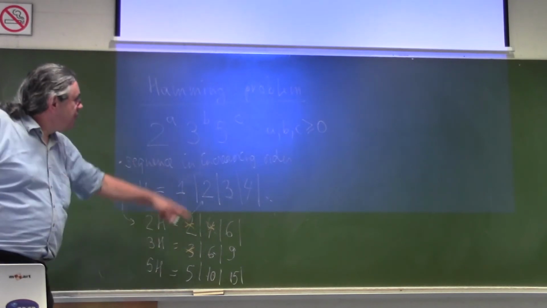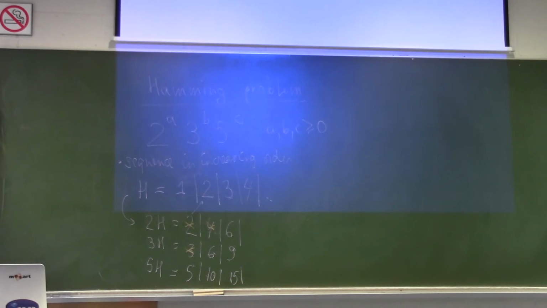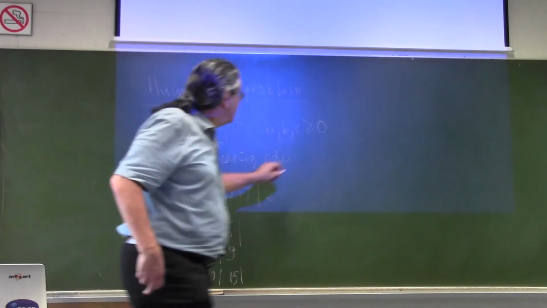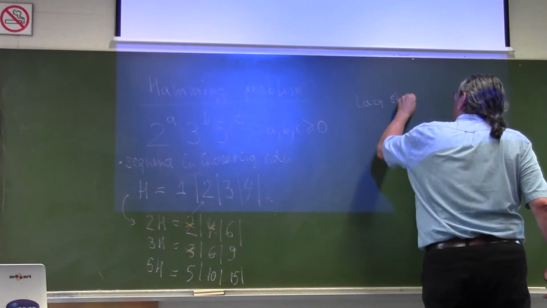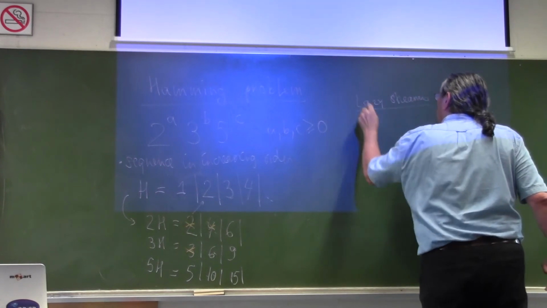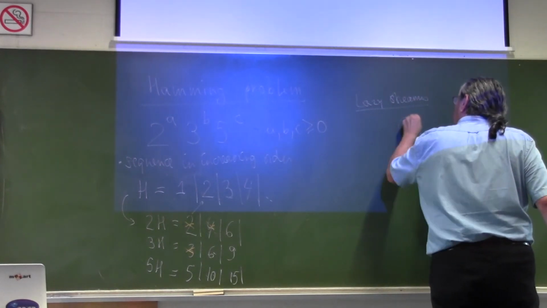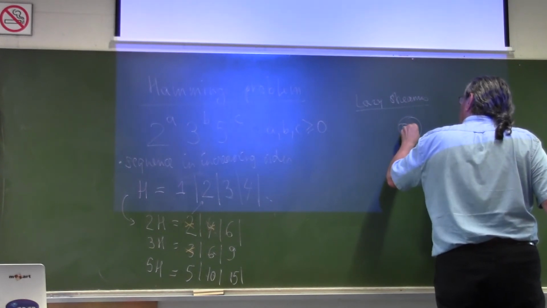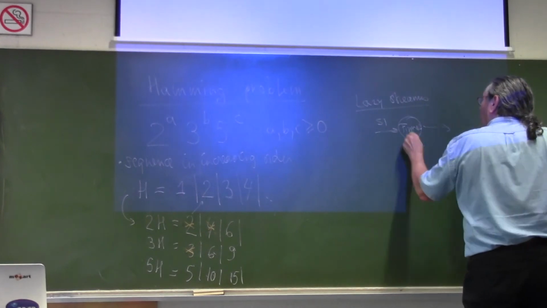So we have this recursive approach. So how do we do this? We can actually program this using lazy streams. So with lazy streams, we can call a function, let me call it times, which takes a stream and multiplies it.